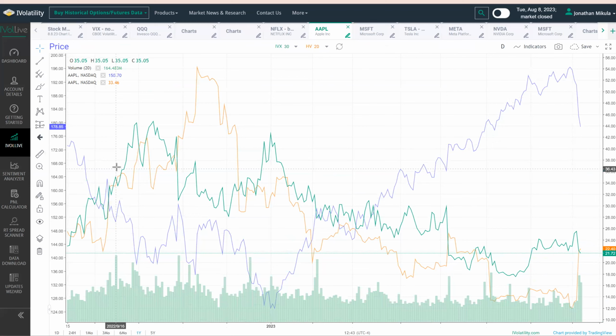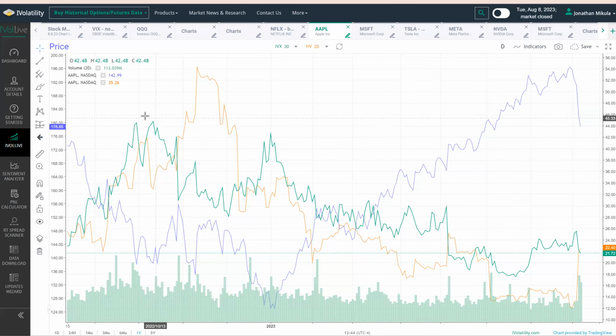Here we have implied volatility in green, and historical volatility in orange. This is a default view, so you don't have to change anything. And this was my point earlier: IVX30 is apples to apples as HV20. It's comparing the same time frame. So my favorite way to look at historical volatility versus implied volatility is within this charting view. This is by far my favorite.